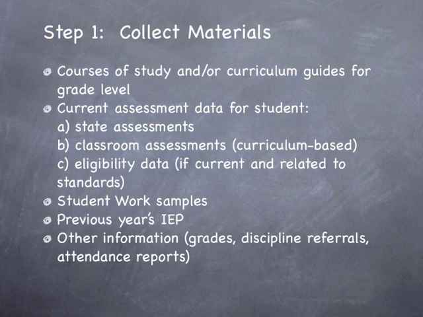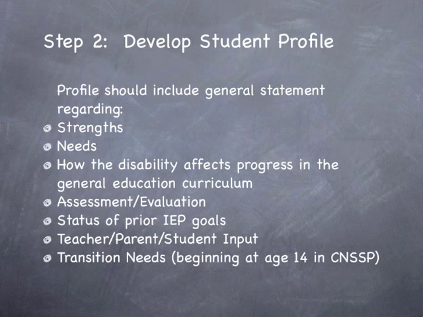Other things that you might want to look at would be work samples, the previous year's IEP, and maybe some other information such as grades, discipline referrals, or attendance reports. Once you've gathered all of that information, then you develop a student profile.